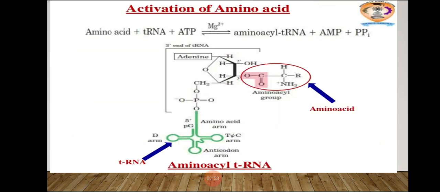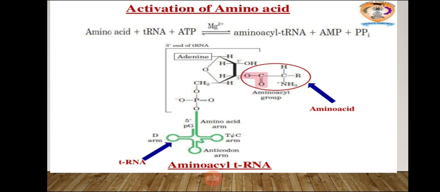Let us see the reaction of activation of amino acid: amino acid plus tRNA plus ATP, in the presence of Mg+2 ions, is activated and gets converted into amino acyl tRNA, and AMP is formed. This amino acyl tRNA is further used in the process of translation.